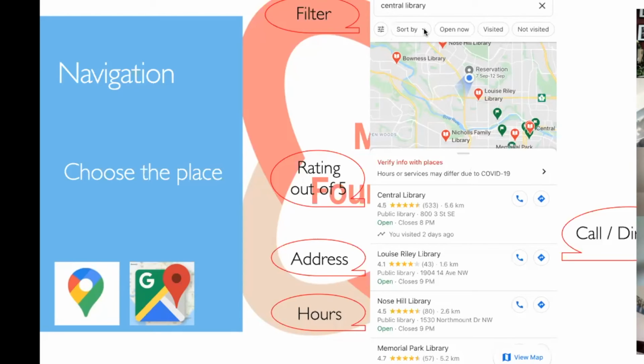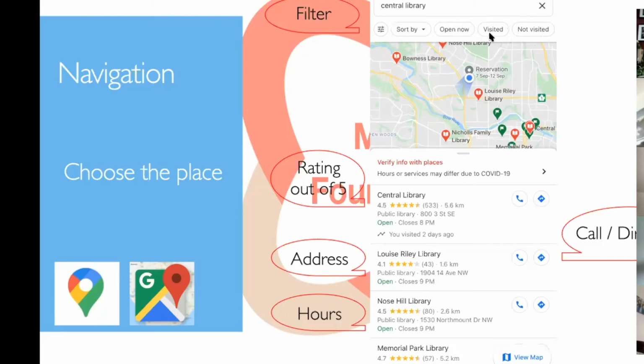I think you can also do it alphabetically. You can also choose which ones will show up based on whether they're open or not, or whether you've visited them or not. The visited versus not visited will be based on your location history. So if you're using that timeline feature that we were just talking about before, Google Maps will assume if you've been to a business or not.